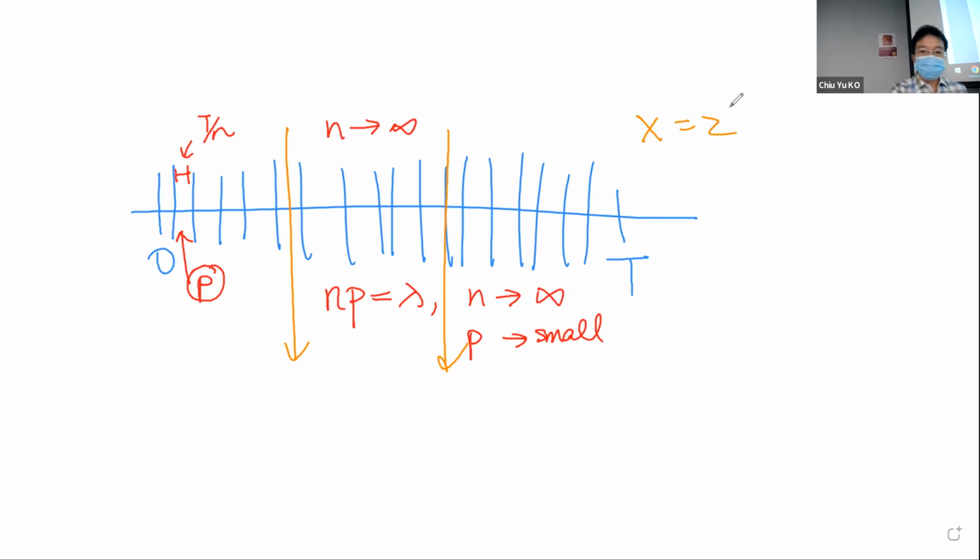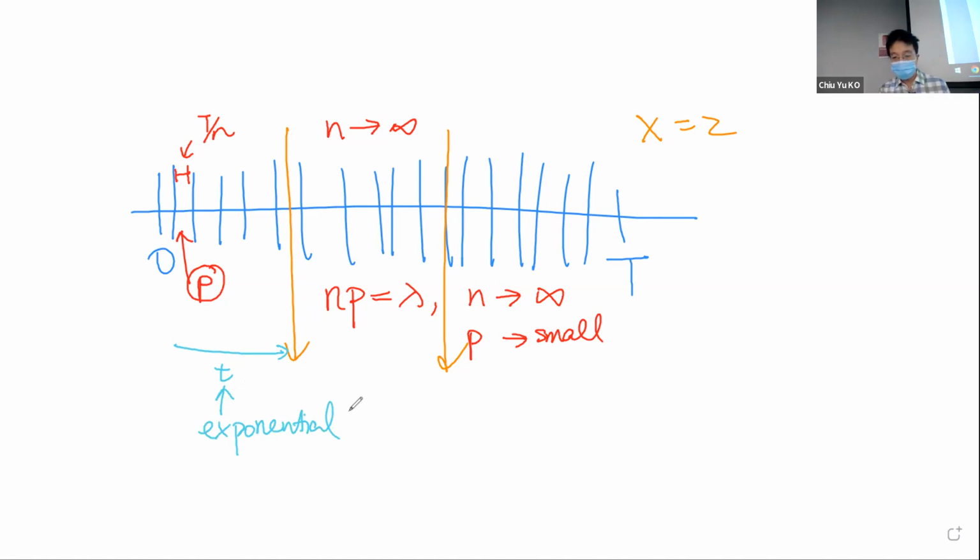But for exponential, we will say this is the time t. We just look at the first success. How long does it take for the first success? That is the exponential. So this is the exponential idea. And actually, we don't ask about the second success.